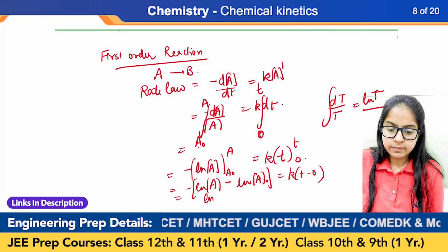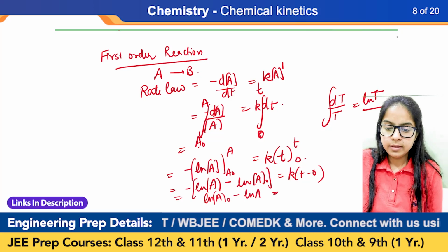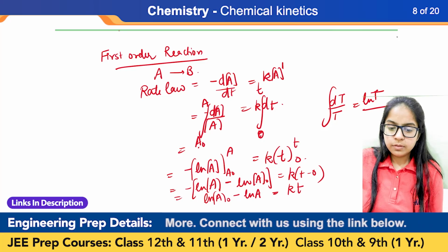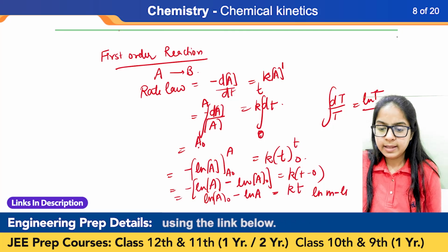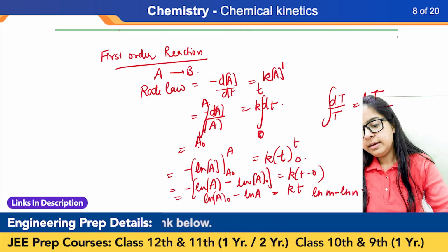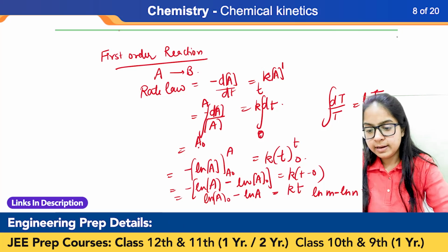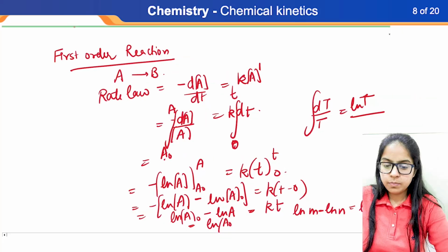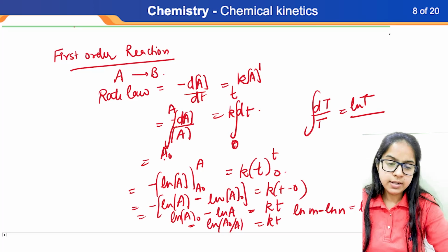Minus plus, then I can write ln A naught minus ln A is equal to KT. Now, the formula behind it: ln M minus ln N is ln M by N. So ln A naught by A is the formula for this first order reaction.